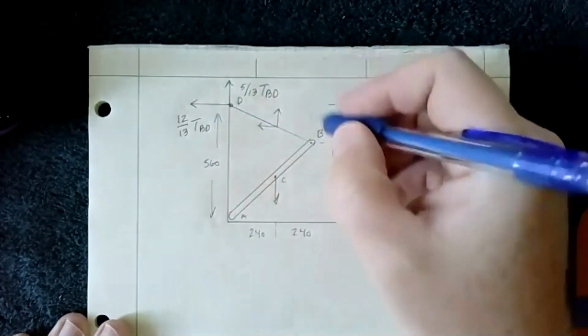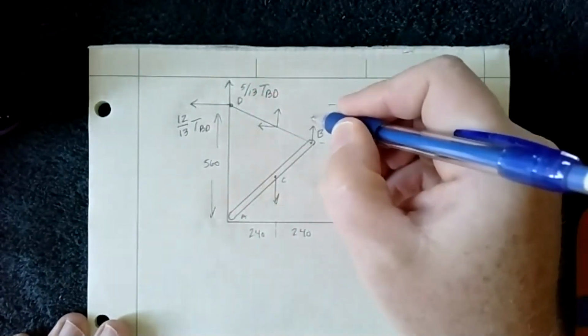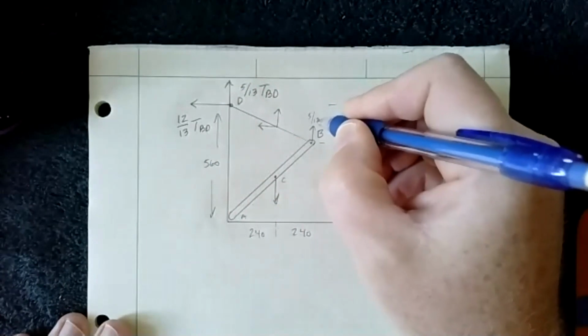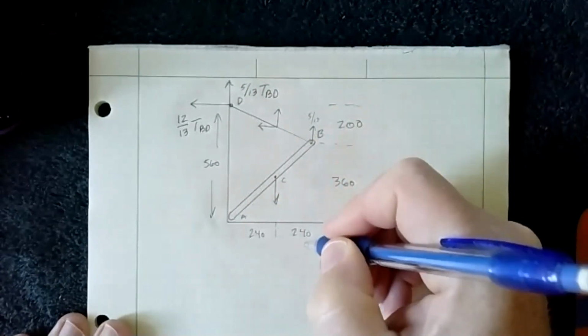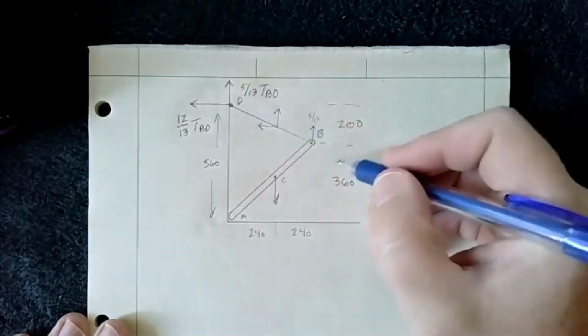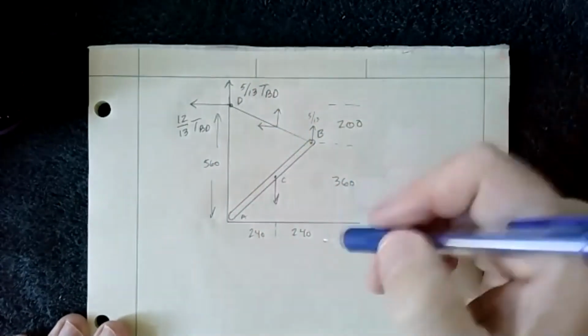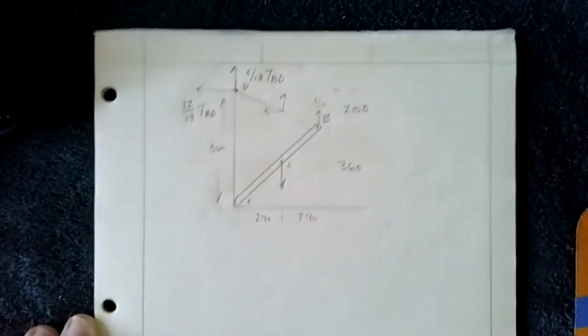Whereas if I did it from this point, it would be 5/13 here, but then it would be multiplied by this 480, but the 12/13 component would only be multiplied by 360. But it works out the same, so it really doesn't matter.